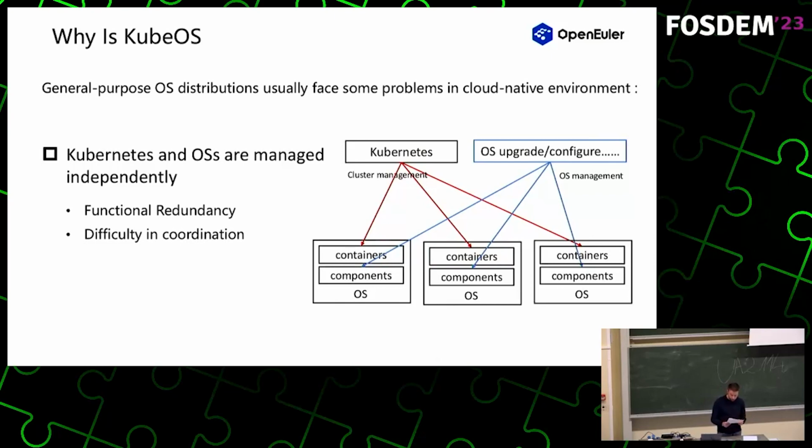So the first problem in cloud-native environments is the desynchronization between OS and Kubernetes, which are managed and controlled completely separately. Also, Kubernetes, like the operating system, needs upkeep, upgrades, user access control, all these things. Then the operations people need to complete redundant tasks between the two systems.